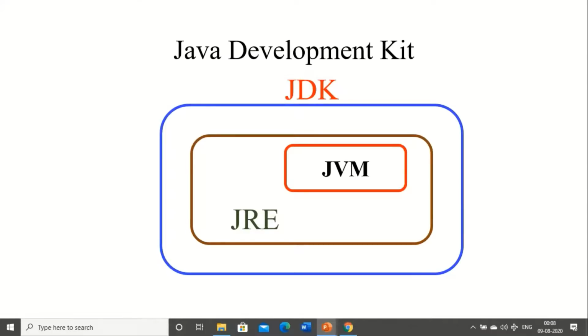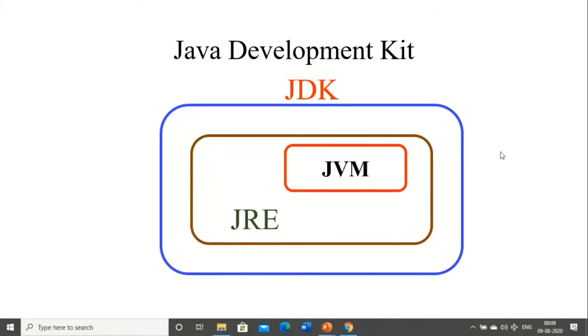For the time being, you can think JDK is one of the core packages used in Java programming, and other two are Java Virtual Machine and Java Runtime Environment. JDK, you can think it is a superset that encloses Java Virtual Machine and Java Runtime Environment.